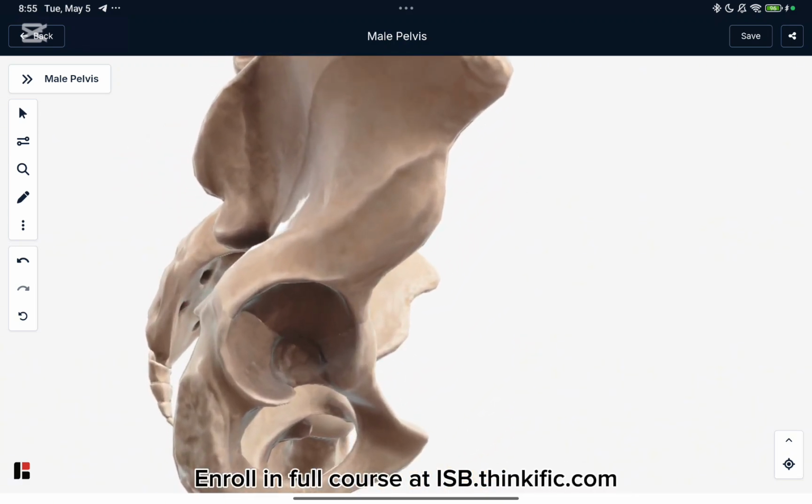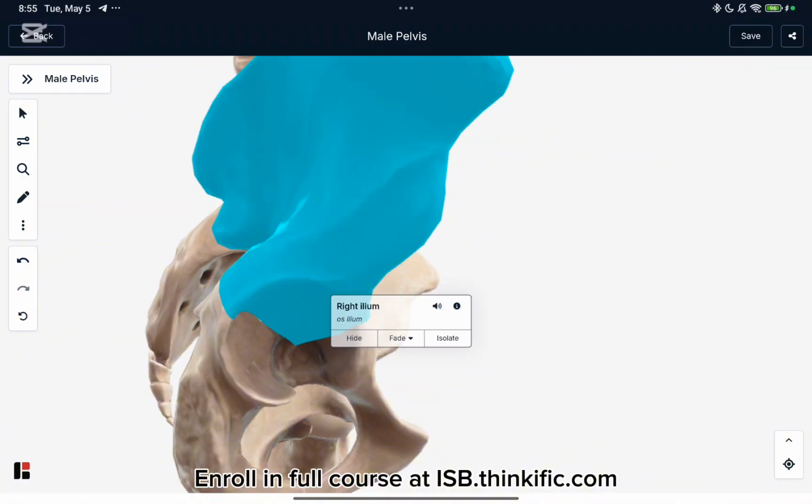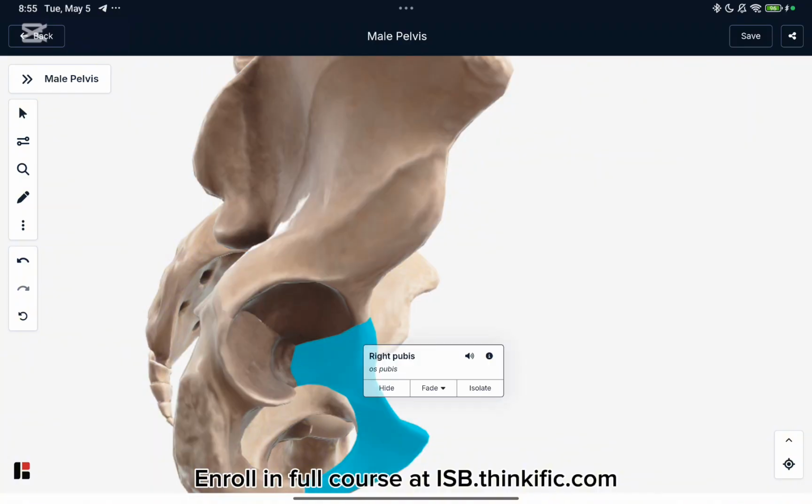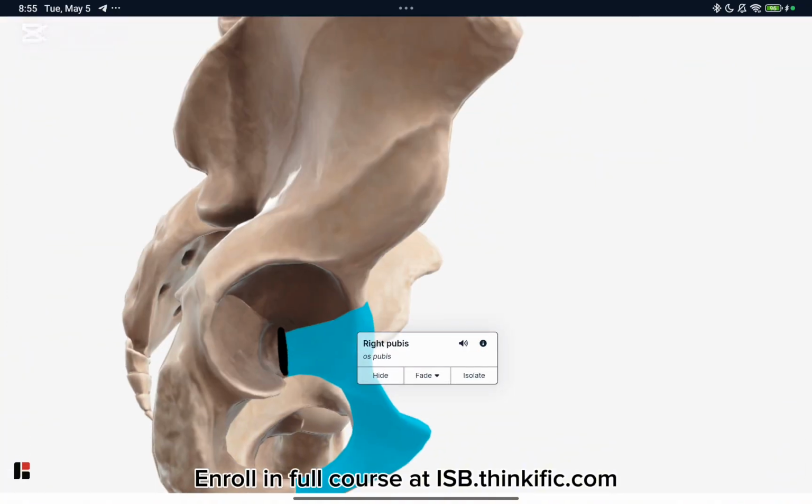They fuse in the acetabulum, and it becomes complete fusion at around the age of 16 years. Initially, there's a cartilage between them, which is called the triradiate cartilage, because as you can see, it's like a Mercedes, right? Triradiate, inverted Mercedes. Triradiate cartilage.